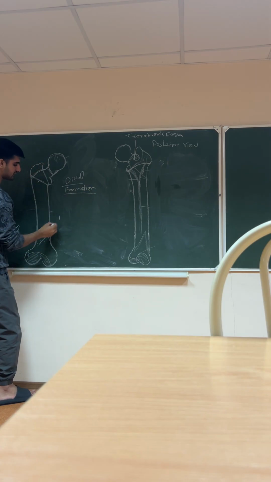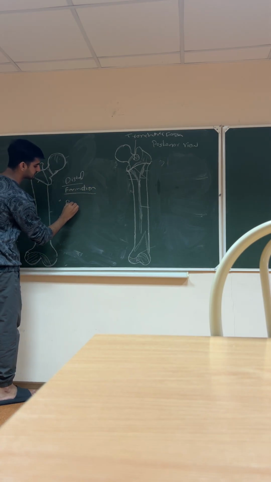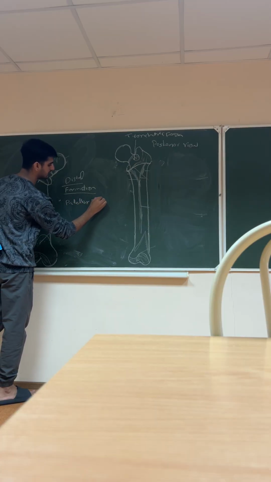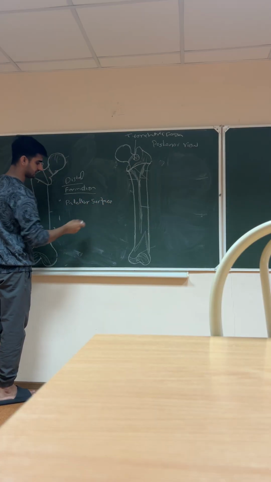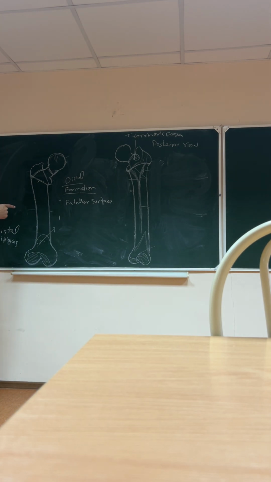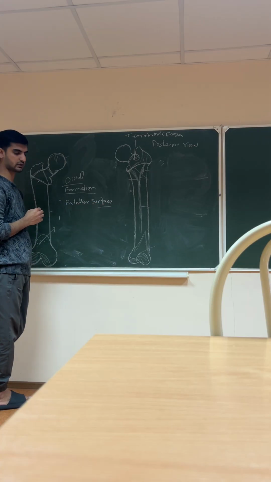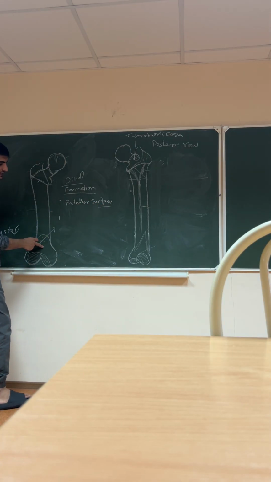First we have the patellar surface. In Latin, how do you pronounce it? Facies patellaris, because surface means facies in Latin. This is the patellar surface in the anterior view.